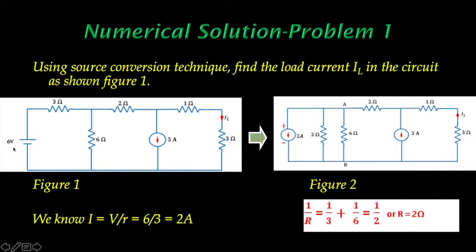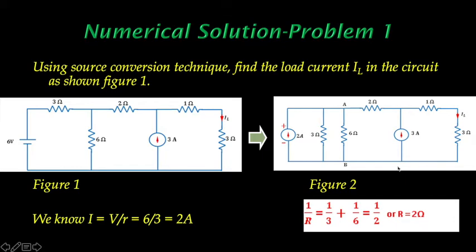This 6 volt voltage source with a series resistance of 3 ohm has been converted into an equivalent current source. We know that I equal to V by R, that means 6 by 3 equal to 2 ampere. So the value of current in the source is 2 ampere and the 3 ohm resistance is in parallel. Now we obtain figure 2.